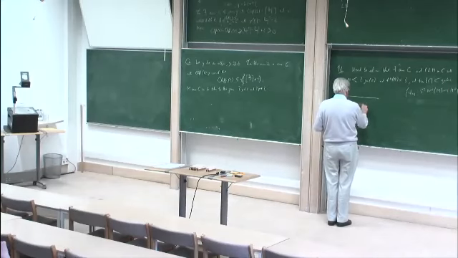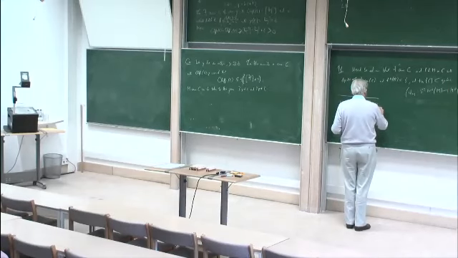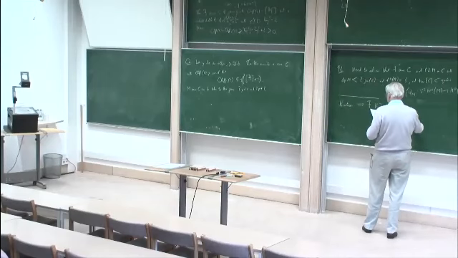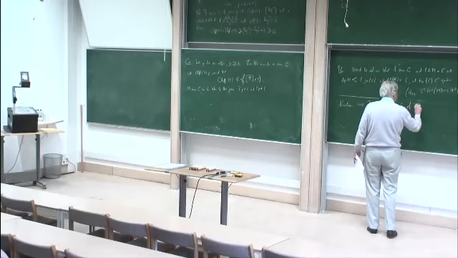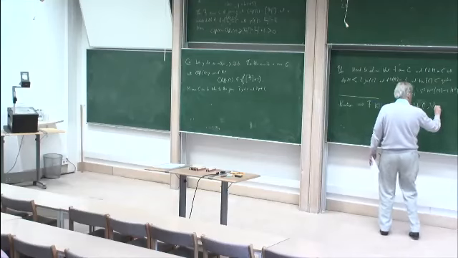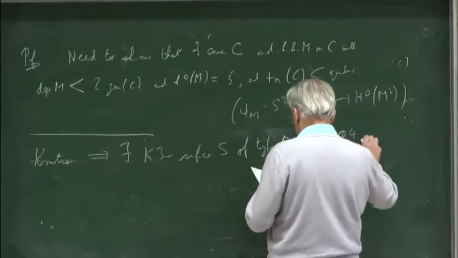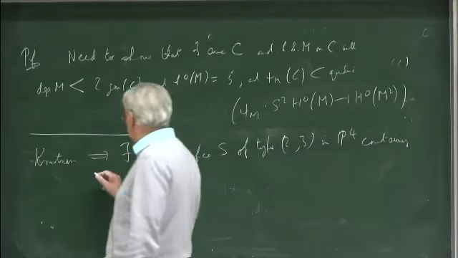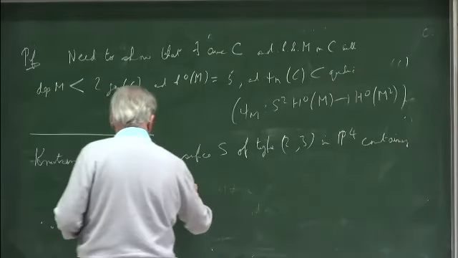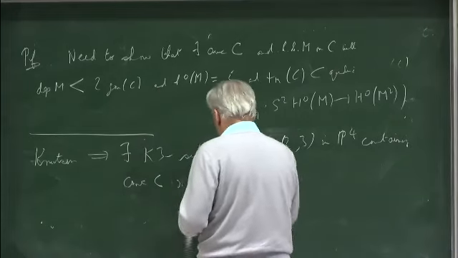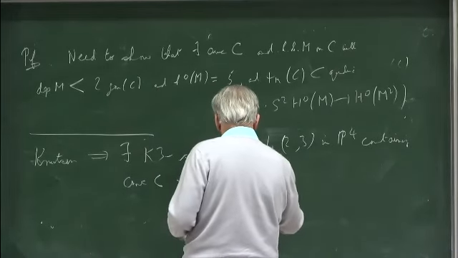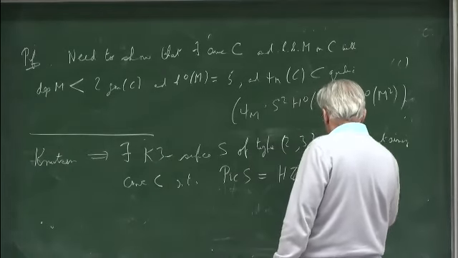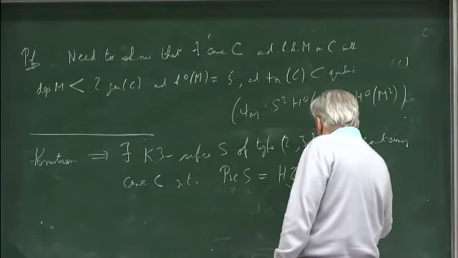So this implies, under our conditions, there exists a K3 surface S of type (2,3) in P4 containing a curve C such that the Picard group of S is Hℤ plus Cℤ, where H is the hyperplane.